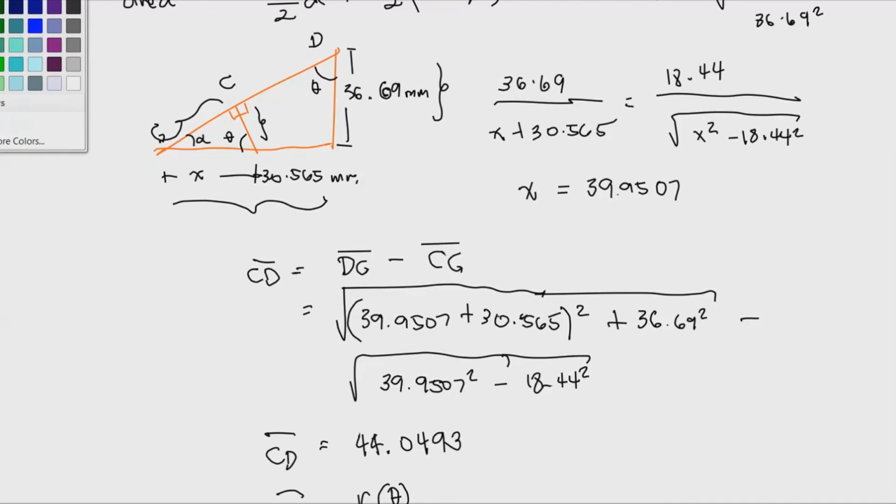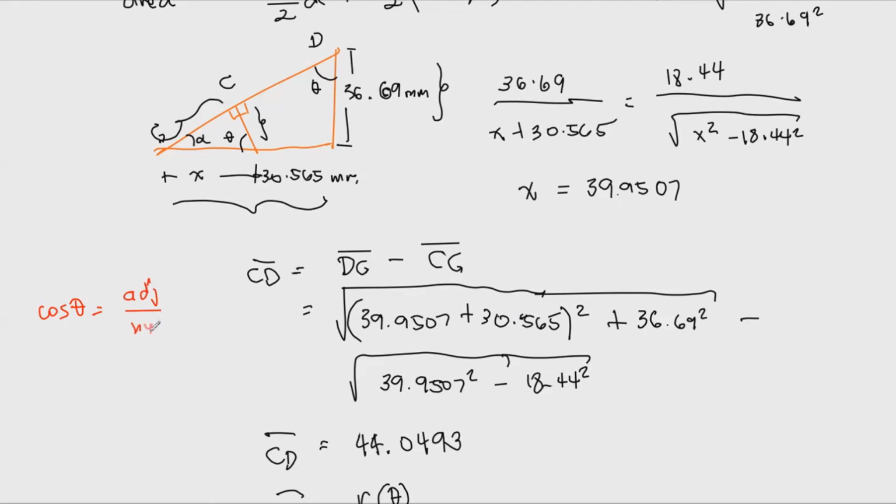So we could just use this cosine theta to give us the value of our theta. So that's simply the adjacent over the hypotenuse. So in this case, cosine theta is equal to the adjacent, which is dr, that's 18.44, and our hypotenuse is simply the x value, so that's 39.9507.